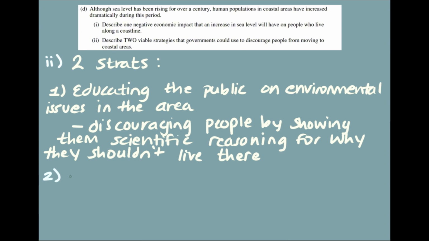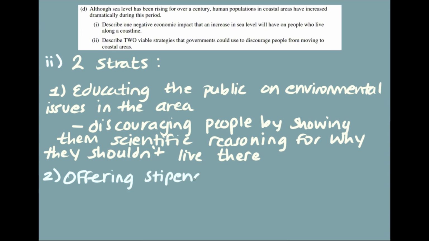A second option could be offering incentives. So maybe if people are already on the coastline, offering them incentives or stipends to move more inland so that they don't have to be living on the coastline.